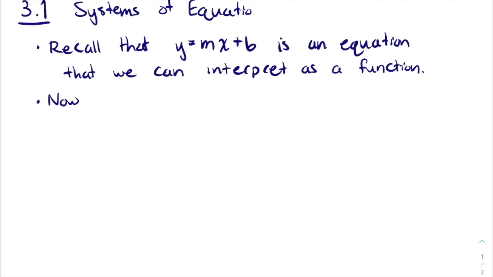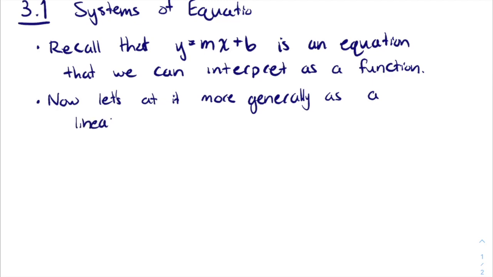Now, let's look at it as an equation of a more general form, that being a linear equation of two unknowns.